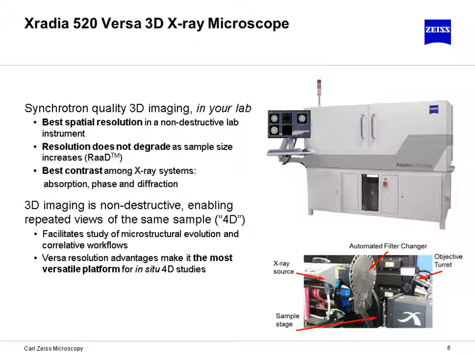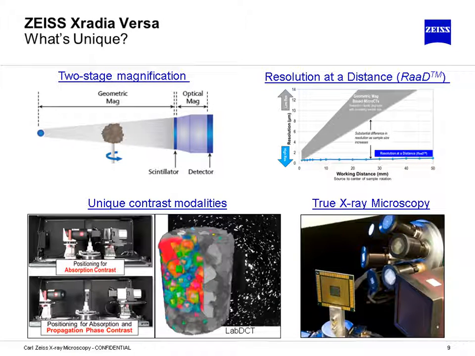And critically, implementing optical methods as well, and having a dual-stage magnification mechanism, allows one to achieve these resolutions and also perform microstructure evolution studies, seeing how the same sample evolves over time and quantifying that in 3D. Just a couple of the architecture bits and pieces gives you a bit of a layout.